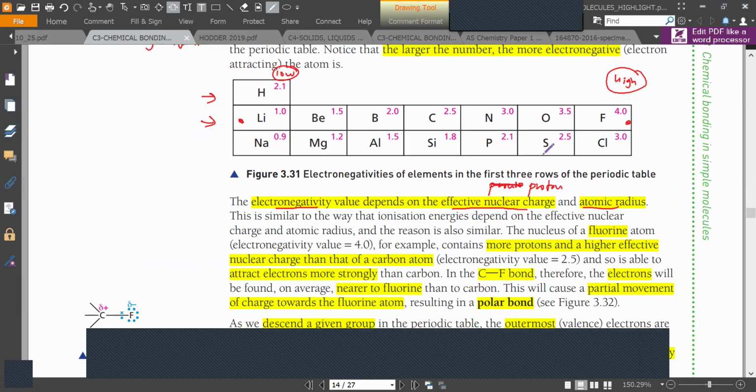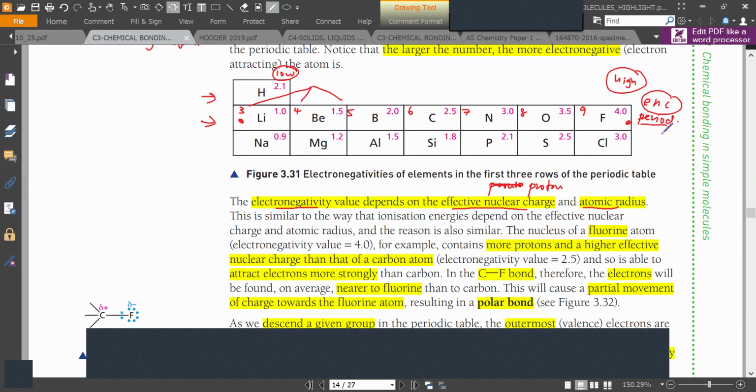If we look at the periodic table, lithium is 3, 4, 5, 6, 7, 8, 9. So we have the number of protons, how many charges in the nucleus. This is all period 2. Which one will have the greatest effective nuclear charge?